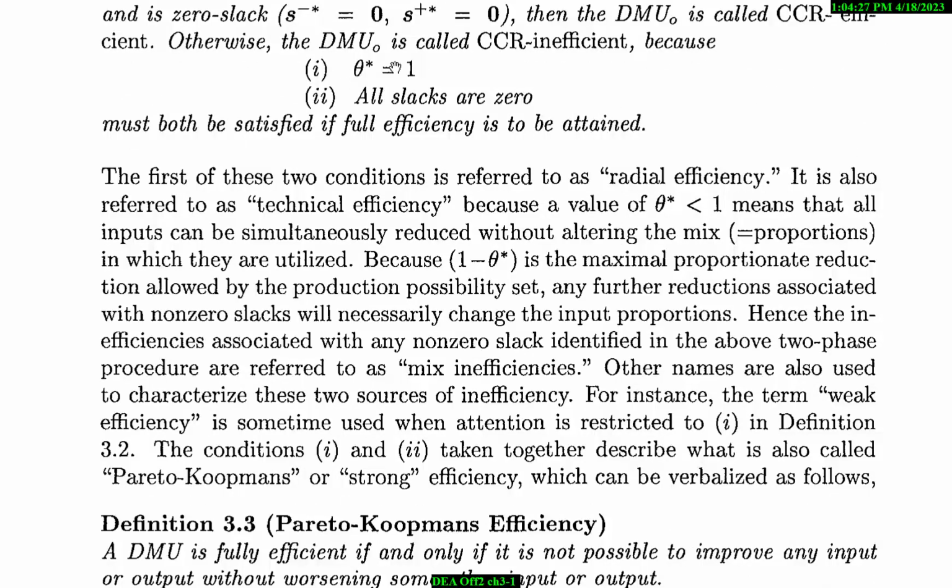Sometimes when only the first condition is satisfied, we use the name weak efficiency, and when both of these are satisfied, we say the DMU is strongly efficient.